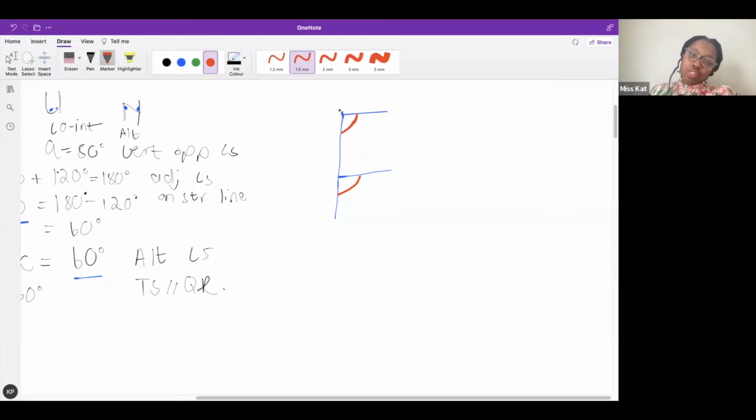Remember, the transversal is this one on the outside. They're on the same side of the two parallel lines, so they are both at the bottom, and they are both on the right. Do you see what I mean? So that angle, this one, and this one will be equal. Okay, that's for the F.